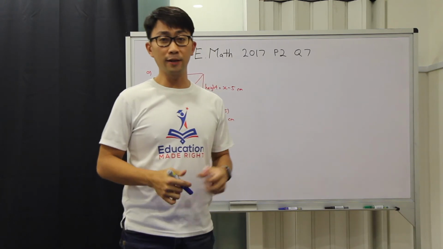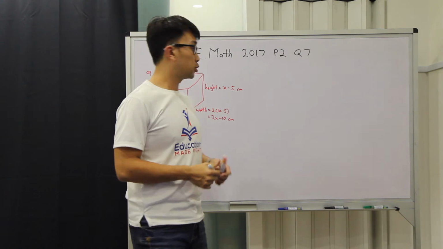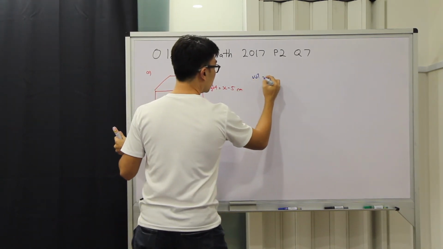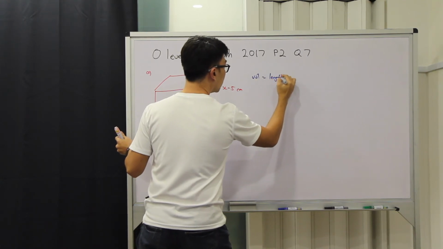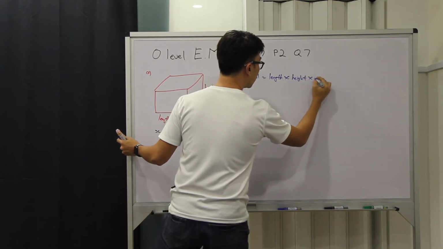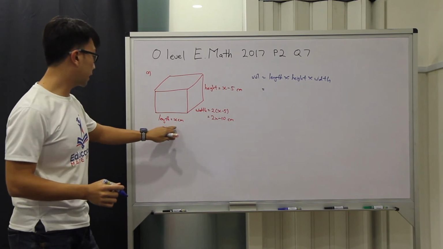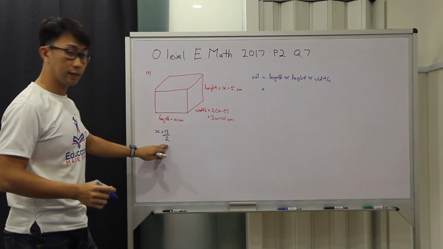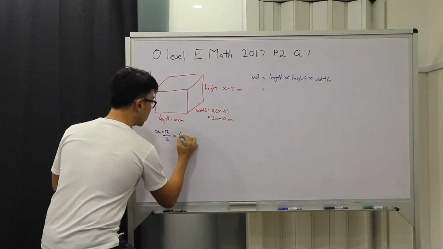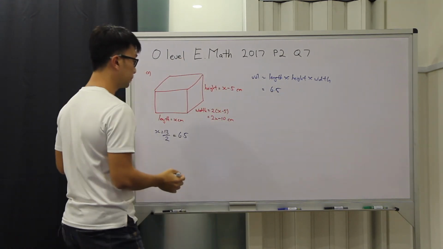Last but not least, we have part E, which asks to calculate the volume of the box. As we understand, the volume of the box will equal length times height times width. Our length, as we have calculated in part C, is 13 over 2, which equals 6.5.